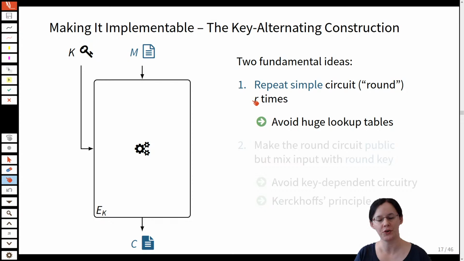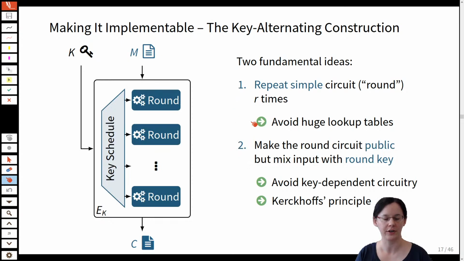But because a simple circuit alone is not good enough, we need to repeat it a number of times. So we want a simple function called the round function that we repeat r times. It's the same thing repeated r times, and the individual rounds are then configured by the key. To say in what way the key influences each round, we have a key schedule, which expands the key and gives a part of the key into every round.